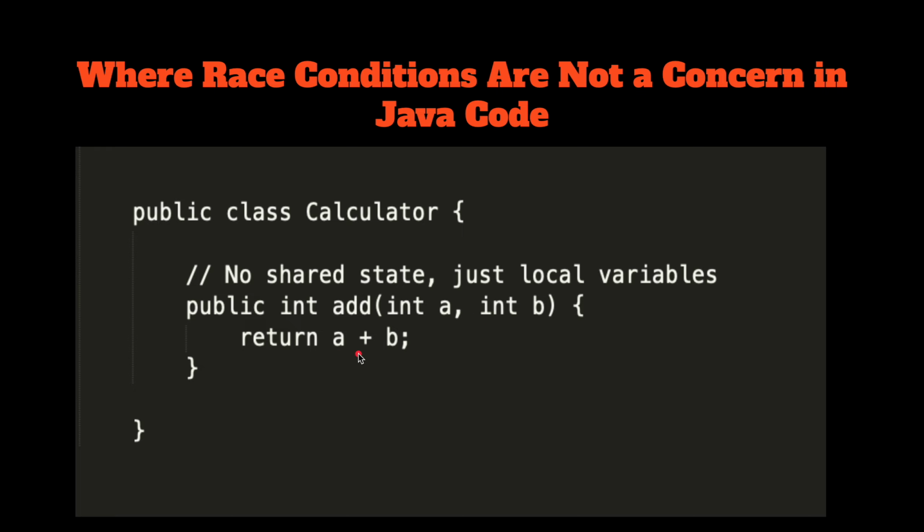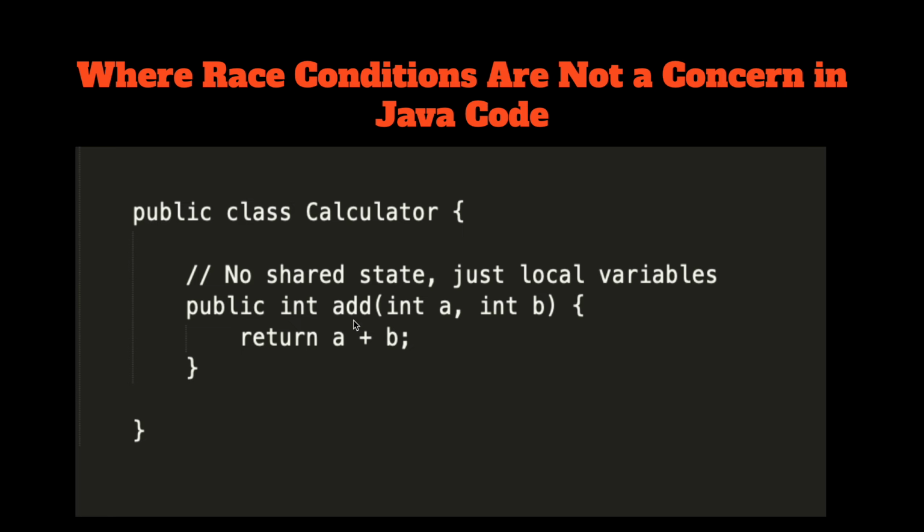So there is no shared variable or shared state between threads. These are method level variables. So multiple threads calling this add method are each using their own copy of a and b. So there is nothing they can interfere with.